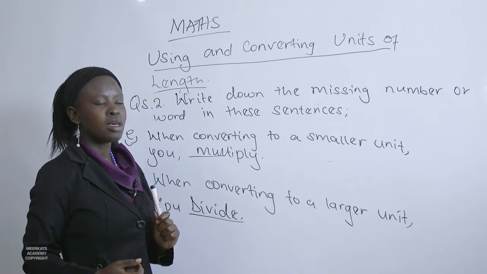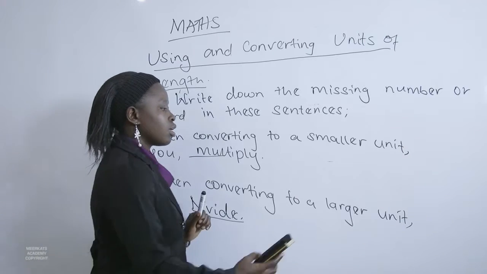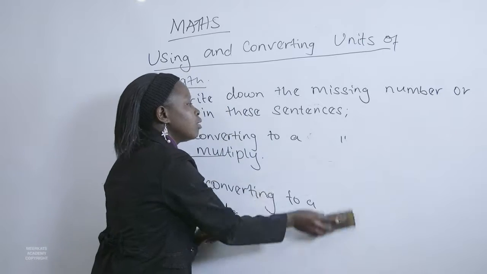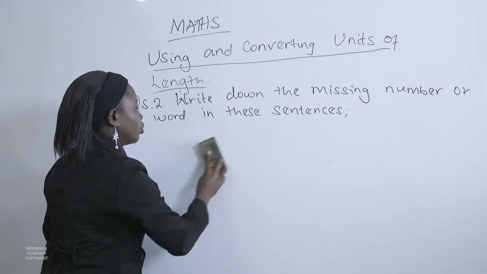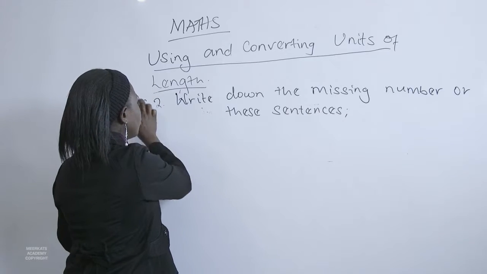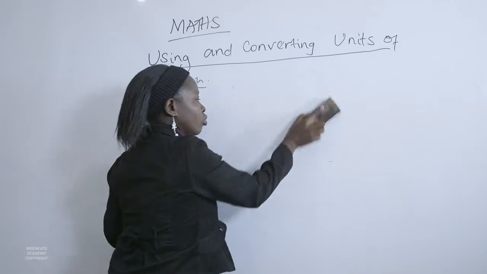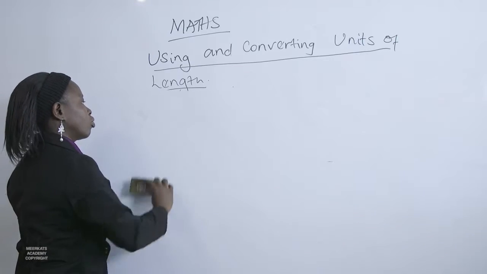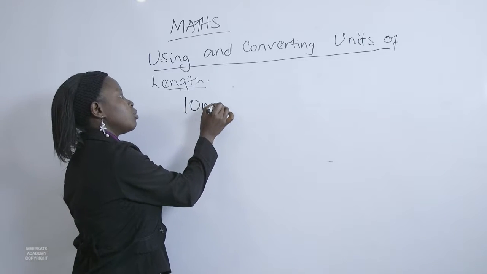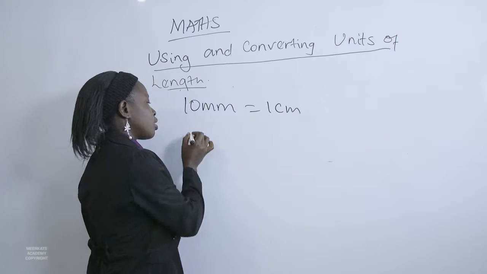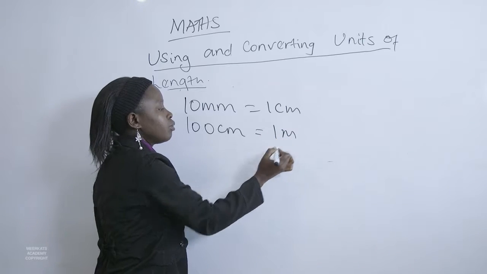So keeping that in mind, we need to understand what our conversions are. Just going through our conversions once again. We are talking about 10 millimeters being equal to 1 centimeter. 100 centimeters is equal to 1 meter.